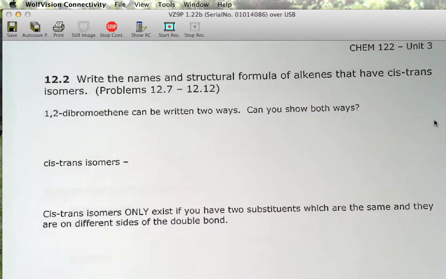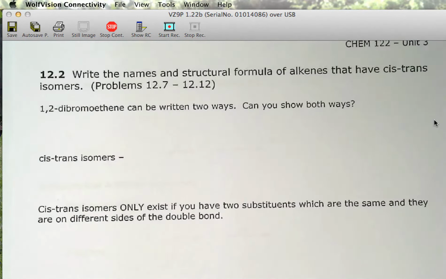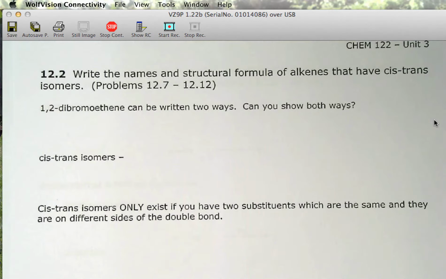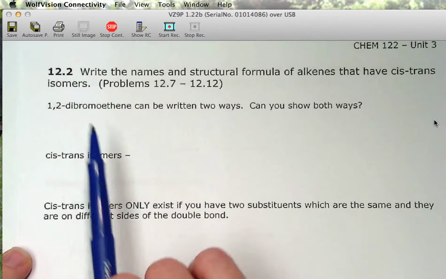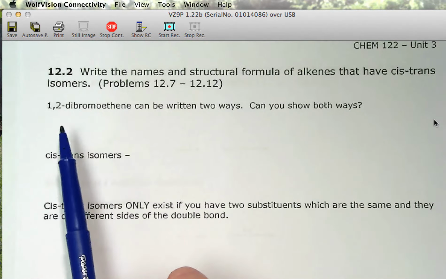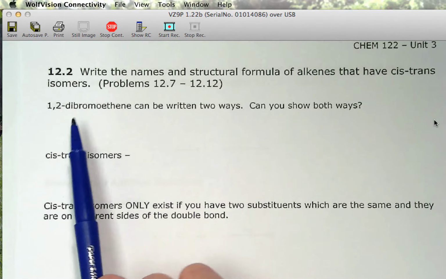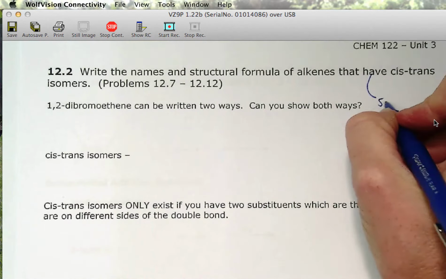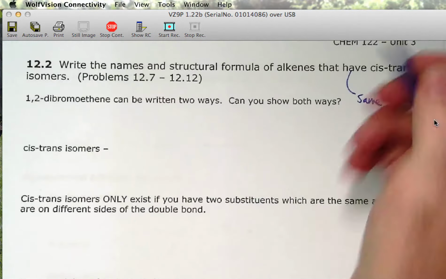All right, continuing on in Unit 3, we're going to learn about cis-trans isomers. So we've seen isomers already, right? The structural isomers, also called constitutional isomers. They have the same molecular formula, different structures, different names. With these isomers, they also have the same molecular formula.